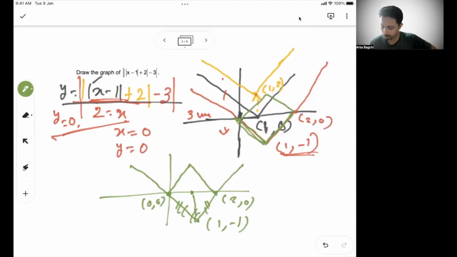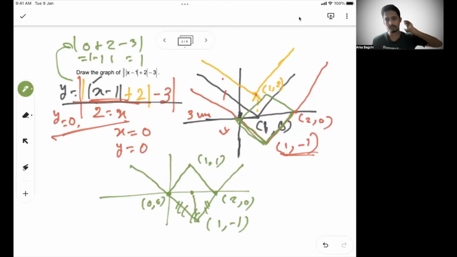Now at x equal to 1, let's see what will happen. At x equal to 1, we will have 0 plus 2 minus 3 whole mod. So this is now mod of -1, or 1. So now here it will be 1 comma 1. What it was 1 comma -1 before, it will be 1 comma 1, right?